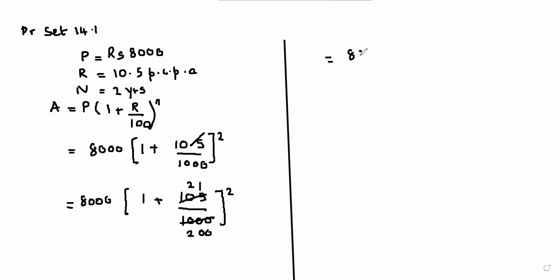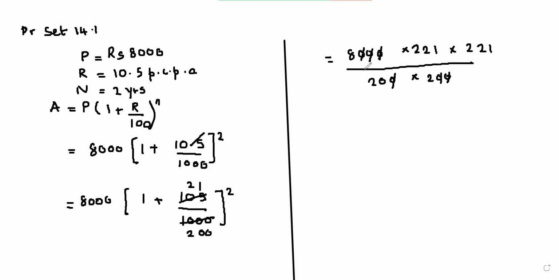So this is equal to 8,000. By now I've taught you 200 plus 21. That becomes 221 upon 200 into 221 upon 200. Let's see how we can cancel best. 3 zeros will cancel. 4 will cancel with 2.